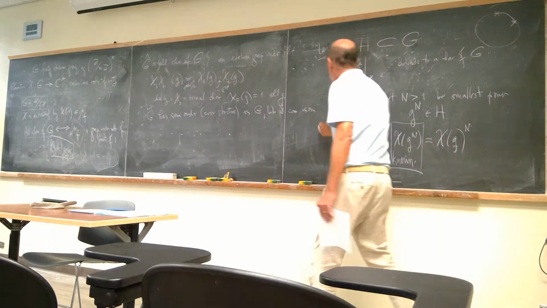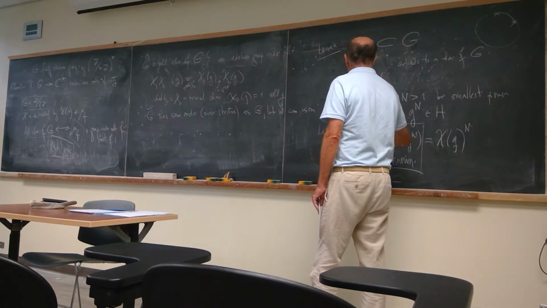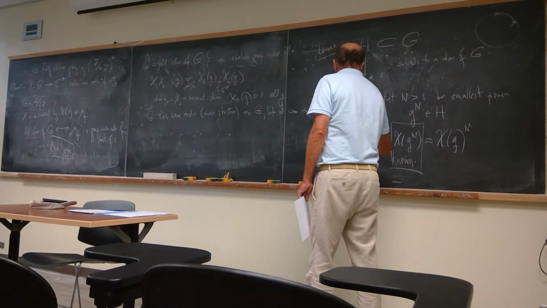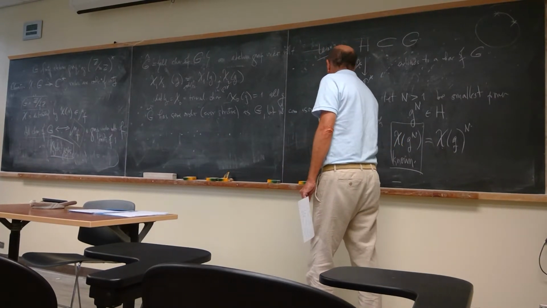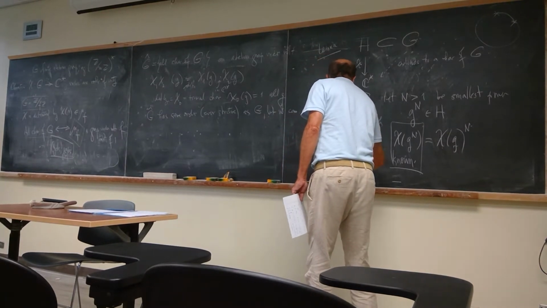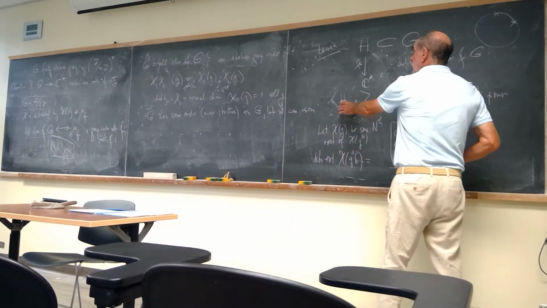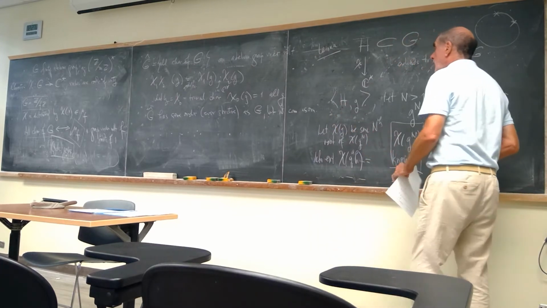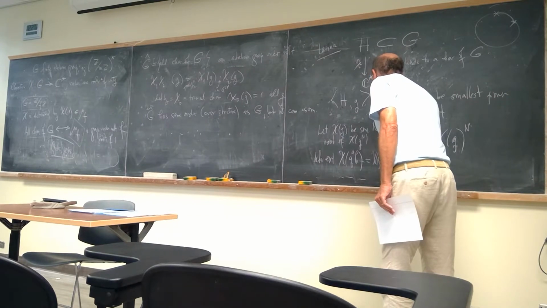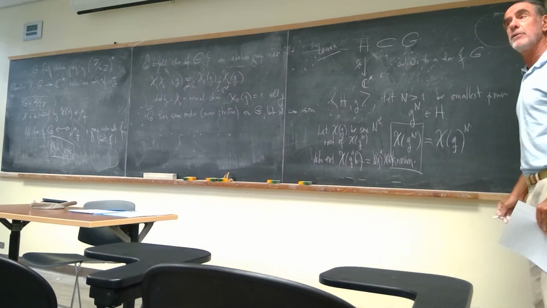So we just let chi of g be some nth root of chi of g to the n, and define the extension as chi of g to the a times h, where everything in this group is a power of g times an element in H, as chi of g to the a times chi of h. And you check that that's well defined and it's a character, etc.